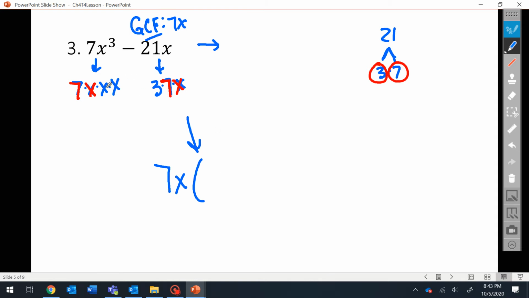So here I have x times x, so x squared, minus, pay attention to the sign, minus, and then here I only have the 3 left, so x squared minus 3. So that would be the factored form when I factor out the GCF of 7x. I get 7x times x squared minus 3.